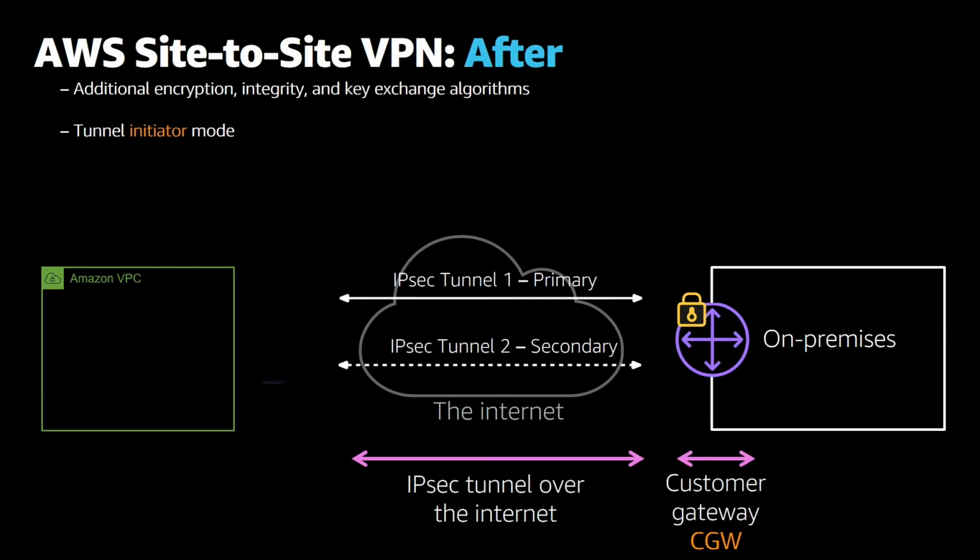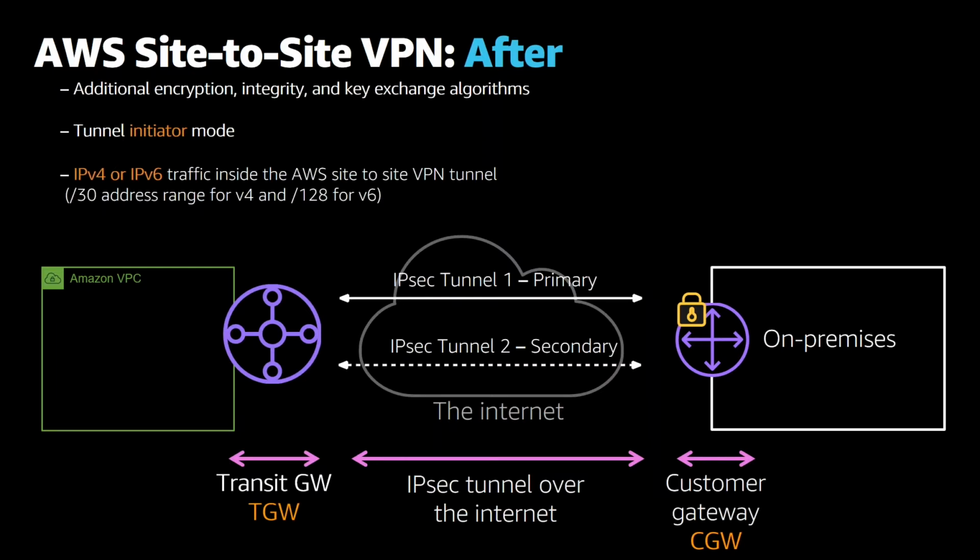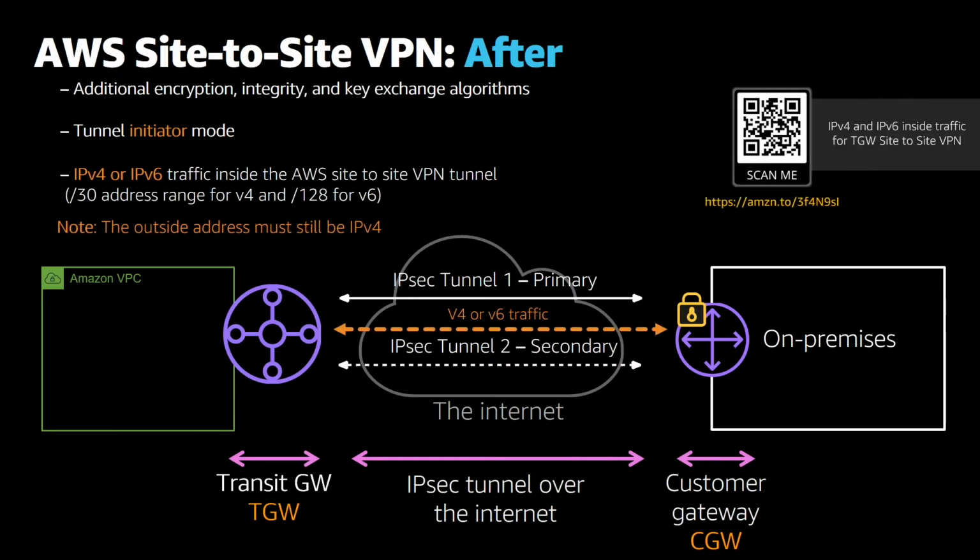We added a transit gateway, which you could terminate tunnels at as well, and you can do IP version 4 and IP version 6, so the tunnel will support both protocols. The outside address must still be IP version 4, of course. And there's another QR code for you.